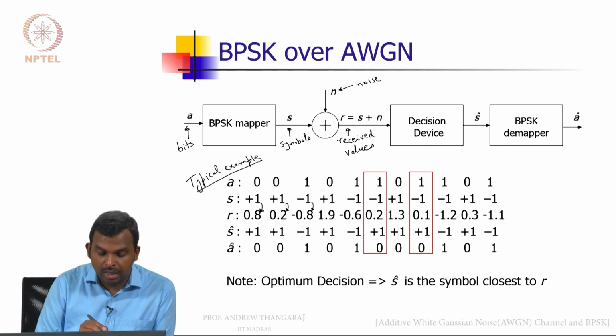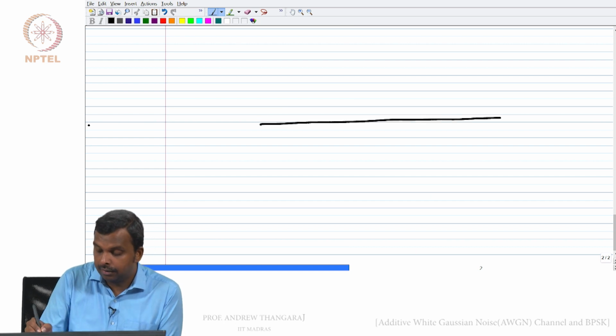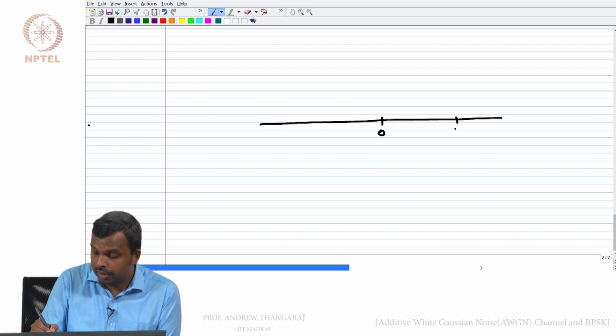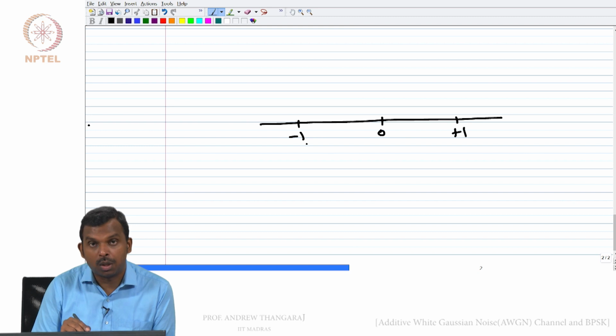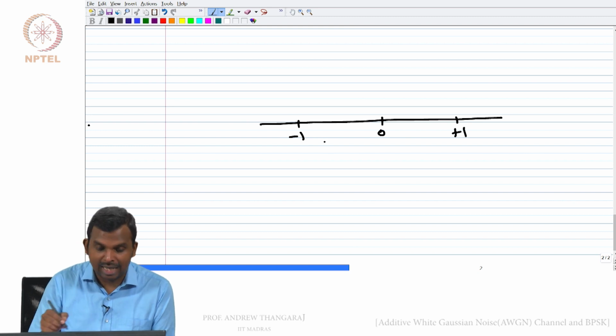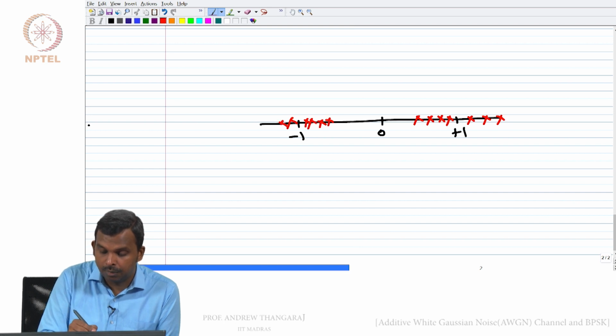If you think about what is going on, here is an axis. Here is 0, here is plus 1, your symbol corresponding to bit 0, and here is minus 1. You are transmitting either plus 1 or minus 1, and noise gets added, and your received values are going to be maybe here, here, here, here, here, here, here, right. Most of the received values maybe will be here.